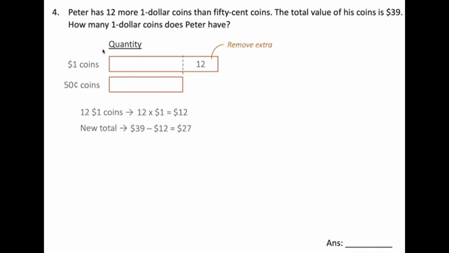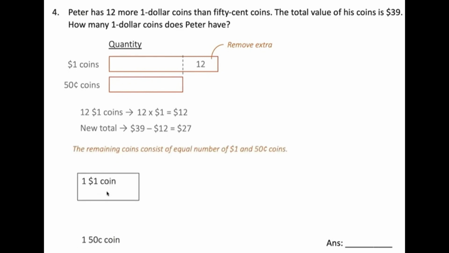So the value of the remaining coins is here. The value of this $1 plus the value of all these 50 cents coins add up to $27. And the remaining coins are equal, so I can group them into one coin of each kind per group. In one group is $1 plus 50 cents, and all these groups add up to $27.